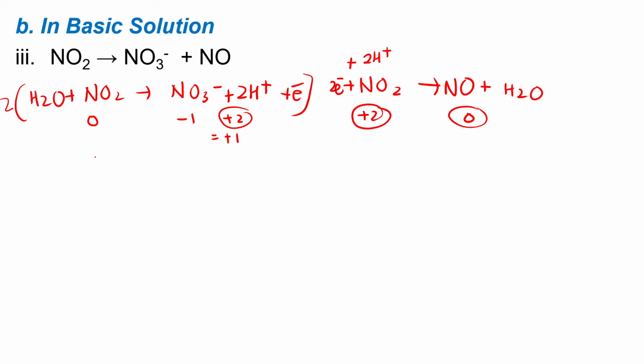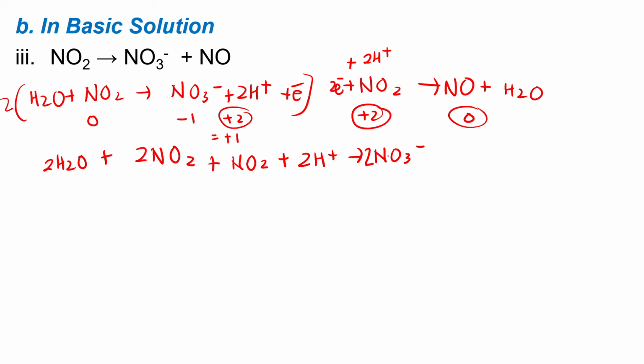So we have overall equation 2H2O plus 2NO2 plus NO2 plus 2H plus reduce NO3 minus, oh sorry, times 2.